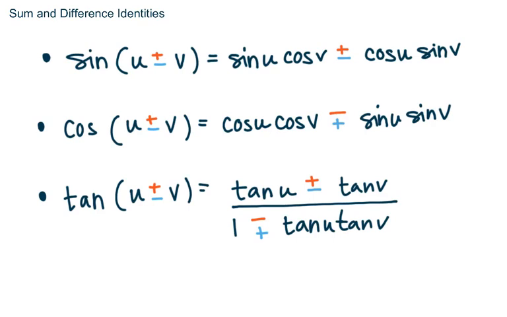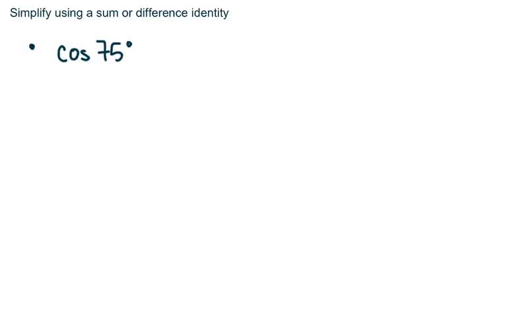So sum and difference identities can be used to help us find values for angles on the unit circle. We can find exact values without our calculator. So what does that mean? For this example, we're going to simplify using either a sum or difference identity for cosine.